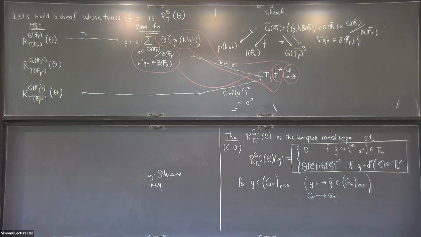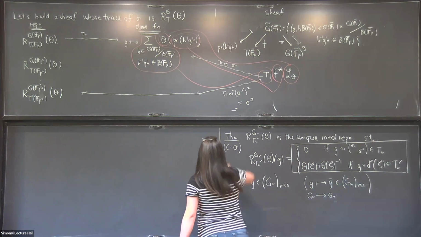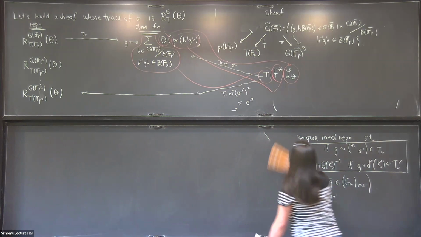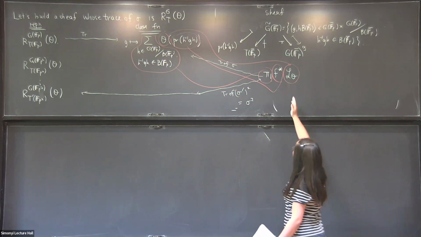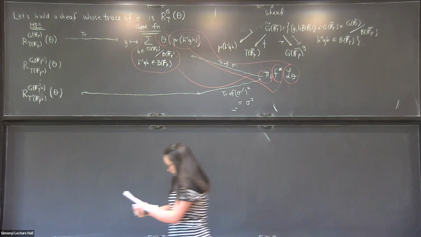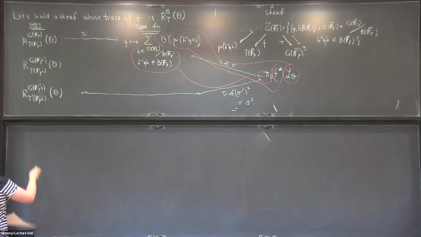But one thing that you know from multiplying 2 by 2 matrices is that if you conjugate an upper triangular thing by this w, you will get something lower triangular. So it's messing up the fact that you wrote down a B there. Your B is not stable under sigma prime. And this is why it's a non-trivial statement to say what happens to the trace of sigma prime on this kind of object. And so this is a really important theorem.